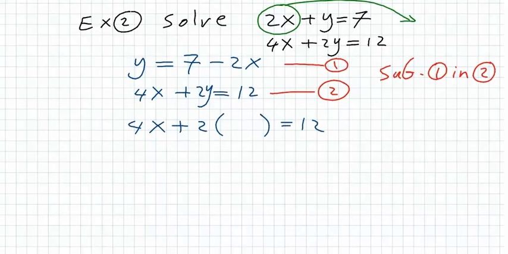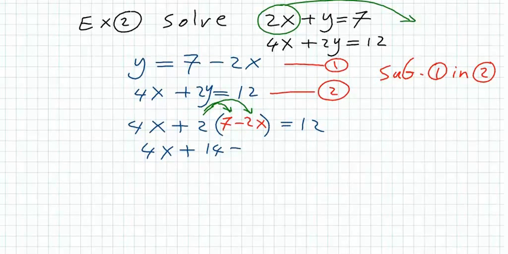But we can see that the value of y is 7 minus 2x. Try to simplify this equation. You will open the brackets here. So it will be 4x plus 14 minus 4x equals 12.